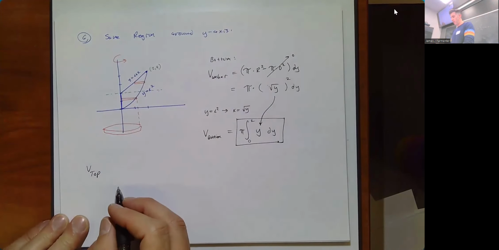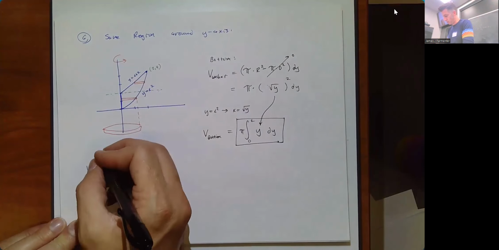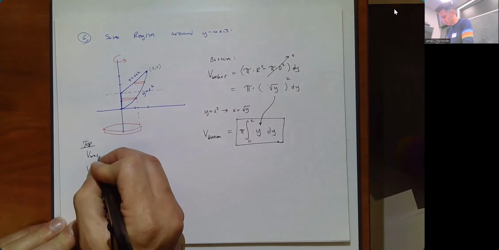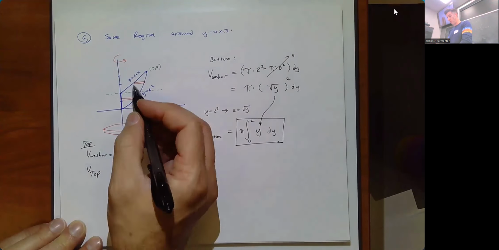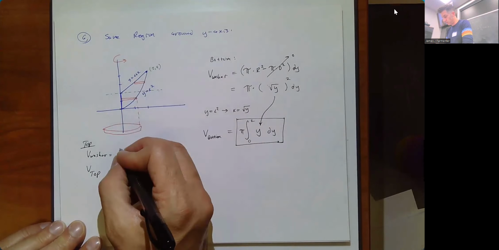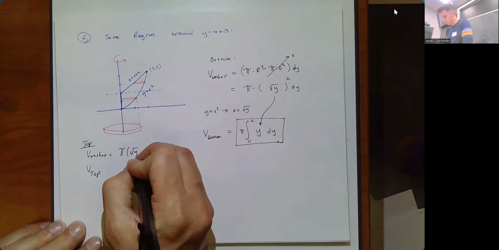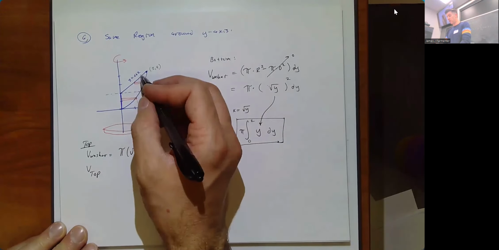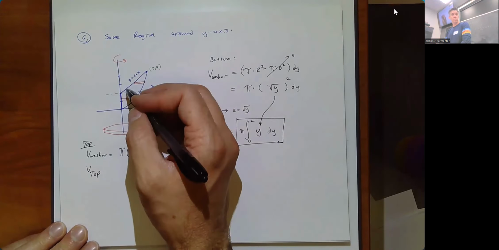So for the volume of the top part, well, first of all, our washer, the top. Now our washer has an outer radius of still the square root of y minus an inner radius of this closer function to the axis of rotation.